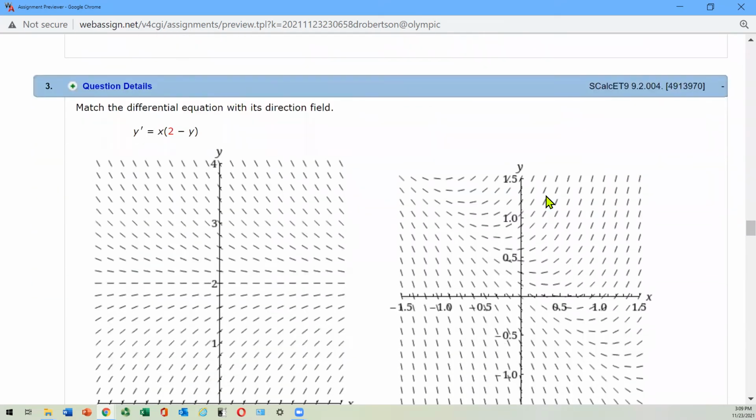would be, okay, make it question 3 then. y dashed is x times 2 take away y. I'm going to close this window. Close that one. Right, so what we want to do is take this and type in 2 minus y.